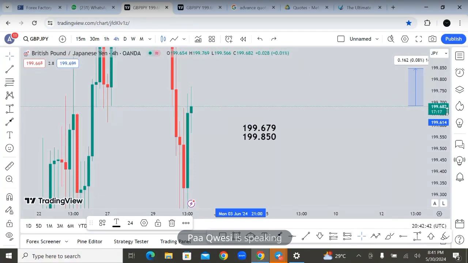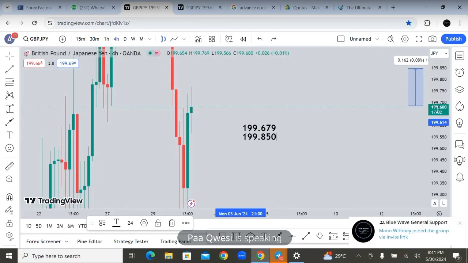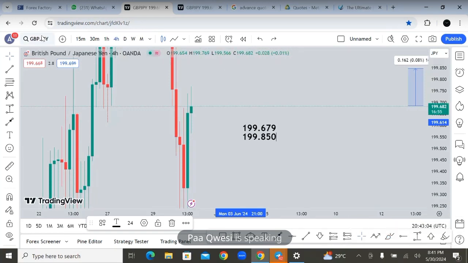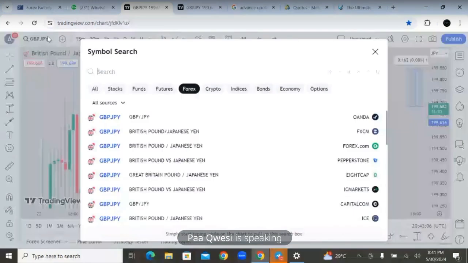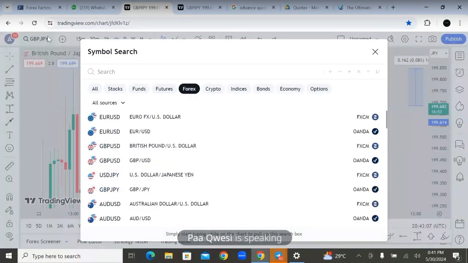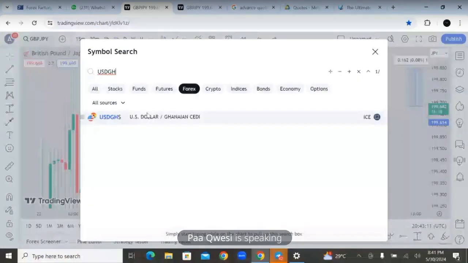That's the exchange rate. If you go to the airport and want to exchange your pound to yen, they are going to give you 199.682 yen. Okay, so let's check maybe dollar to cedis, USD GHS. So you see USD Ghana cedis.